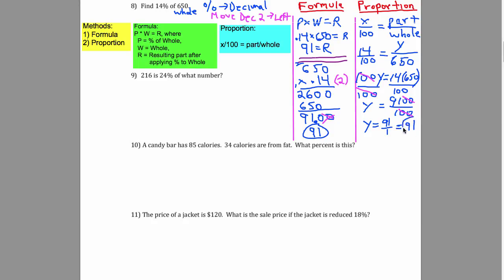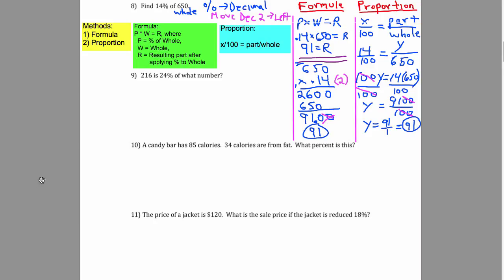So again, we get the same result as when we use the power formula. I'll leave it as an exercise to you to see that 14 times 650 is 9,100.